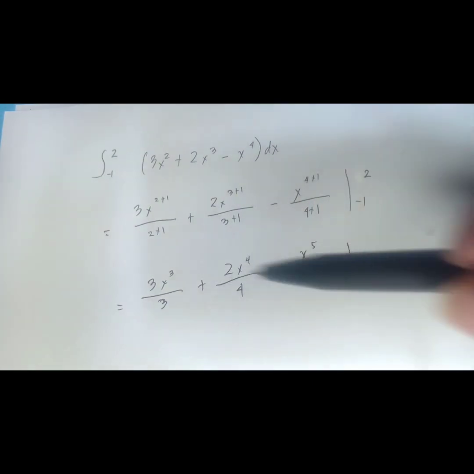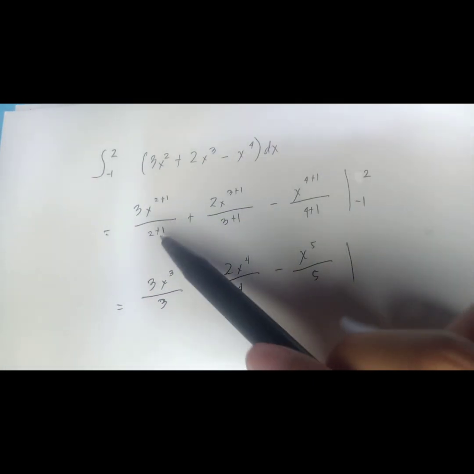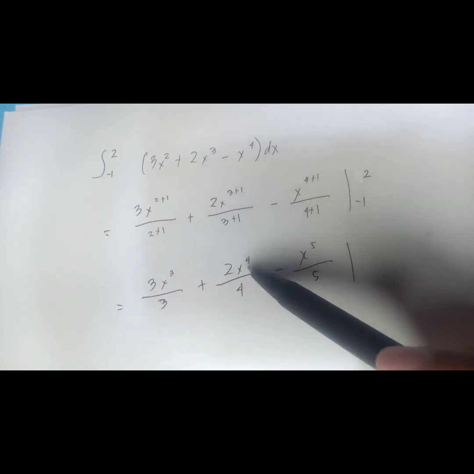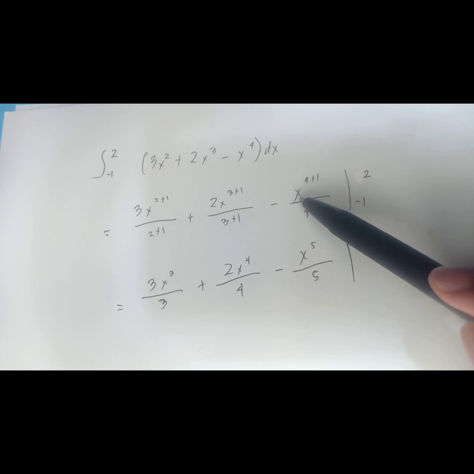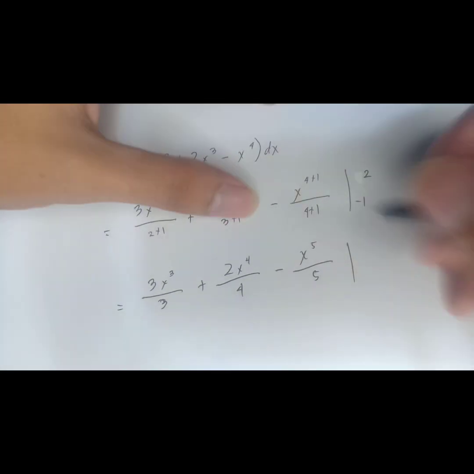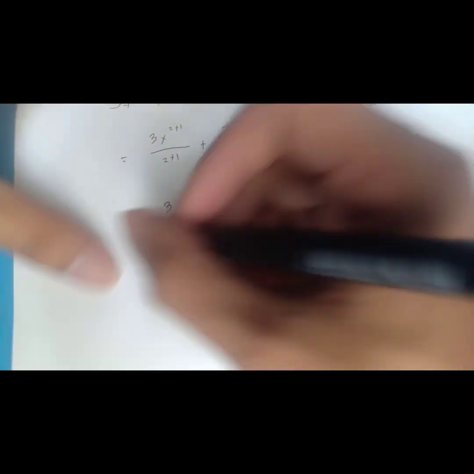So again, as we simplify it, 3x cubed over 3, 2x^3 plus 1, so 2x raised to the power of 4 over 4, and x^4 plus 1 over 4 plus 1, so x to the fifth over 5 evaluated from -1 to 2. So now we are about to substitute.